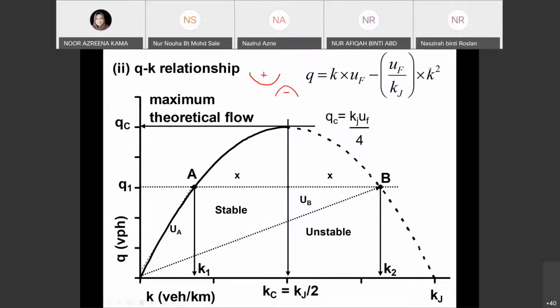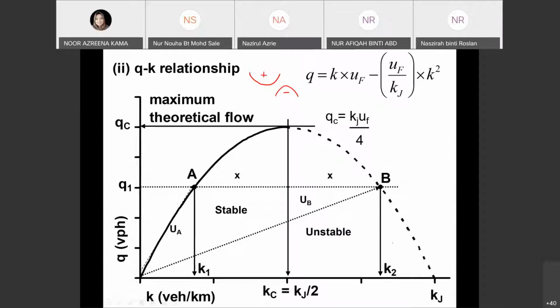Jadi, one value of Q will give you two value of K at A and at B. So, tarik ke bawah, we have K1 and K2, which K1 is the density under stable flow, solid line ni. While the K2 is the density under unstable condition. Okay, unstable condition, dotted line ni.